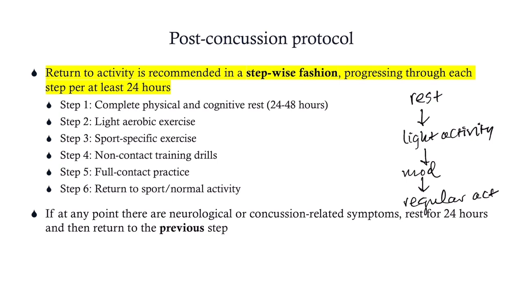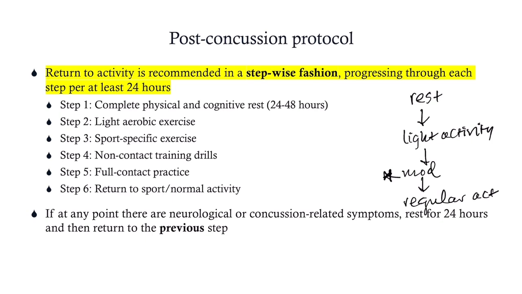Or like in this question, what they may ask you is, okay, you've got a patient who sustained a concussion a couple days ago. Now they are engaging, let's say, in moderate activity, and they start to have some neurologic symptoms, some nausea, maybe some vomiting. What do you do? Now, the answer is to rest for 24 hours.